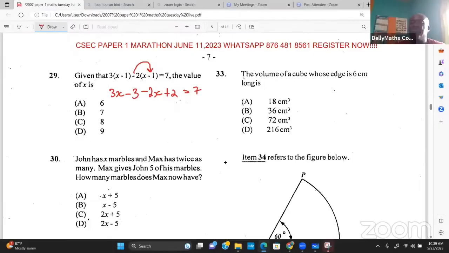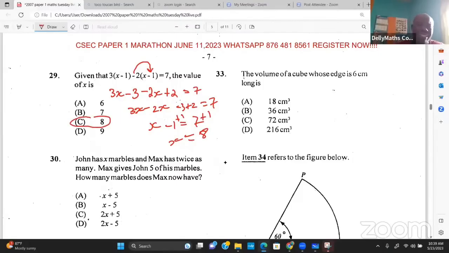On my left side, if I group my ideas, I'll have 3x minus 2x, and then I'll have a -3 and a +2. All right, just showing clear. So this is x already, and this is -1. This is equal to 7. So you're going to have to add 1 to both sides. x is 8. All right, so we're looking at a value of 8 there, and we're good. So we have to take our time when you're going through these.